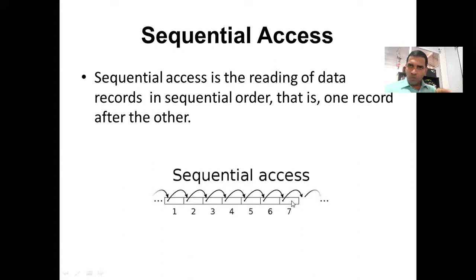So where is that particular piece of information? It is here. It is in this box. If it is sequential access, you cannot access the 7th directly. How to access the 7th? First, you have to start from the first, then read the second, then read the third, fourth, right? At one stage, you can reach the 7th. This is sequential access, right?